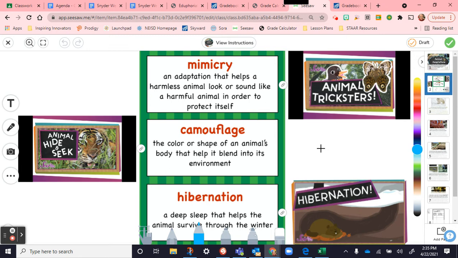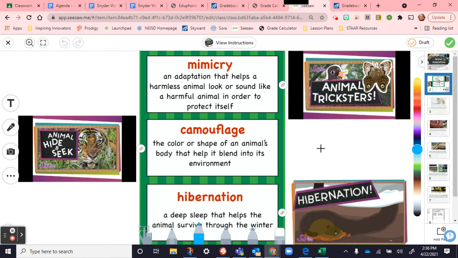So mimicry again is if I'm a good guy, meaning like let's take the snake that I'm going to be getting here in about a week. So I'm getting a good snake. It's non-venomous. If it bites, it's not going to hurt. When I look at that snake, though, it looks like the coral snake, which is very venomous.